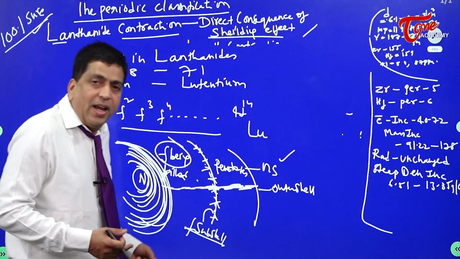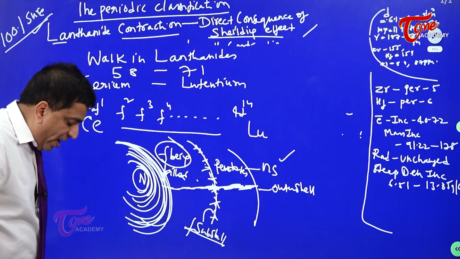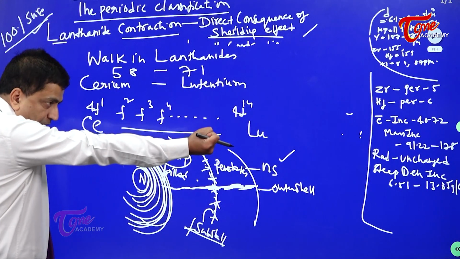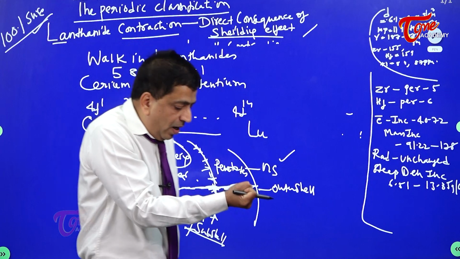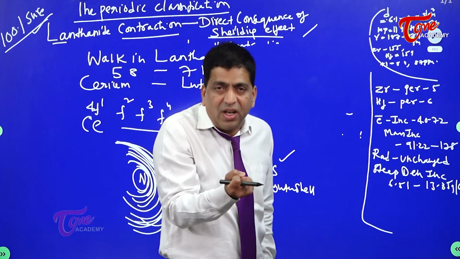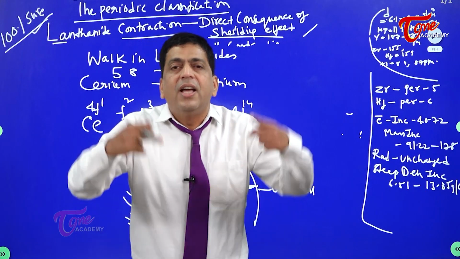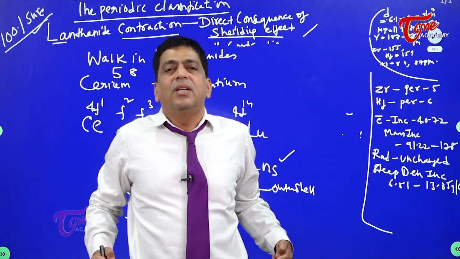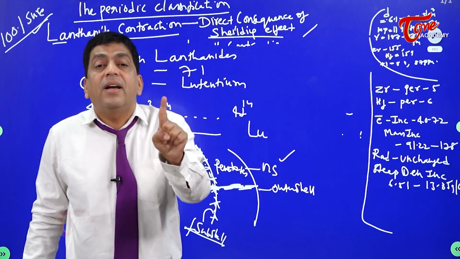You are not shielding, so the nuclear force is penetrating, falling on the outermost shell. So if I take one step from cerium to the next, the outermost shell is pulled inwards. Second step, pulled further inwards. Third step, pulled further inwards. Fourth step, pulled further inwards. Like that, if you take 14 strides, the outermost shell is pulled inwards, resulting in a contraction which is called lanthanide contraction.